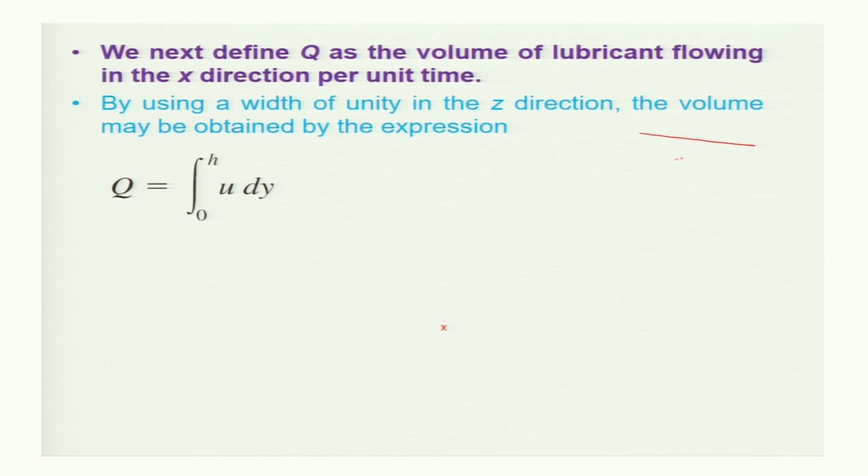That means you have this type of plate, the direction of x, and the fluid element has velocity equal to u in the direction of x. So the fluid flow rate at any cross section, at this cross section, I want to find what the fluid flow rate is. The height is equal to h, the fluid film thickness at that location.